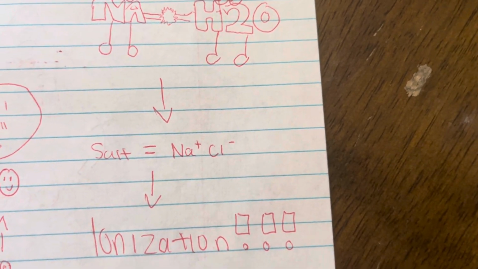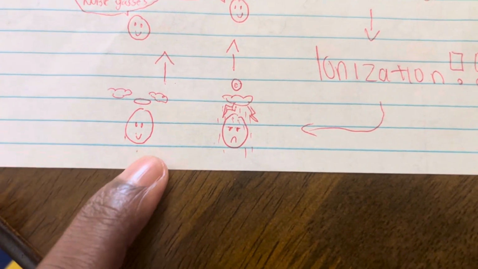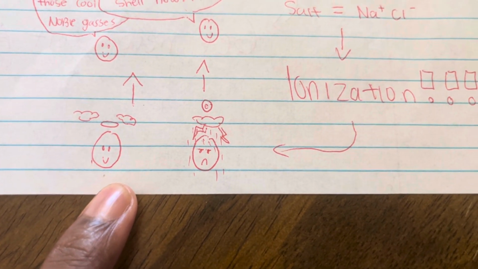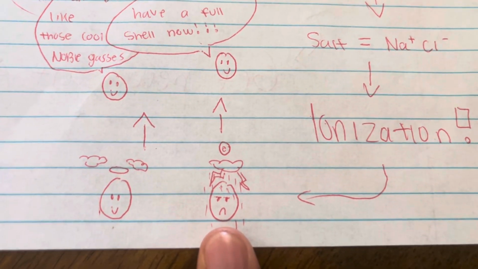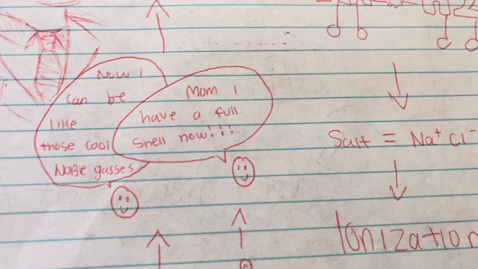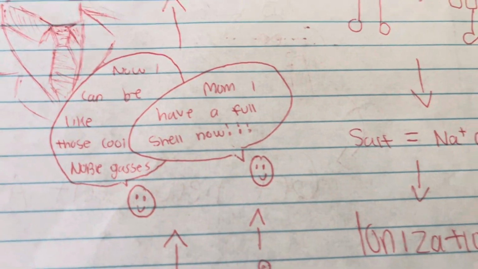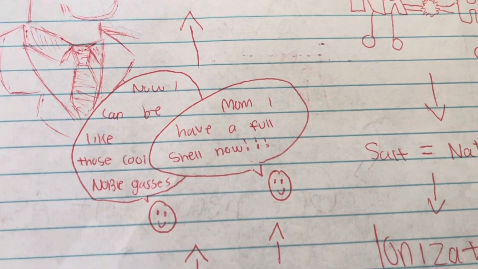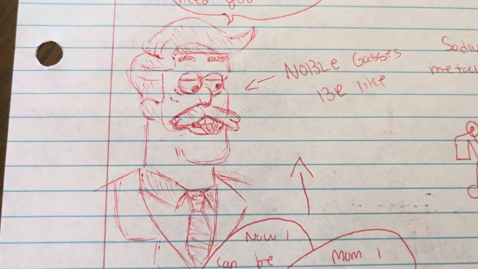Remember, ionization. And remember, when they ionize, sodium becomes a positive ion, and chlorine or chloride becomes a negative ion. And when this happens, they both end up happy because they both have full shells, fulfilling the octet rule. And because they have full shells, they are similar to noble gases, which also have full shells.